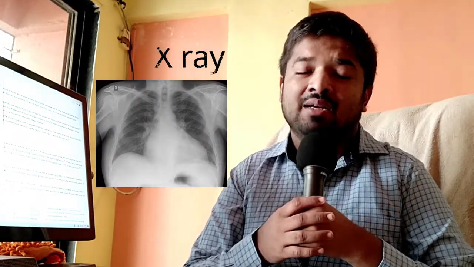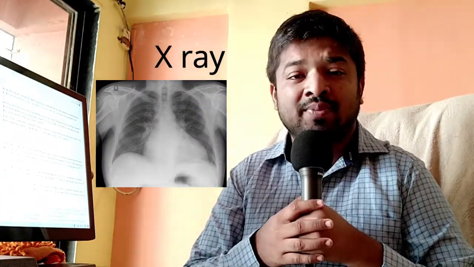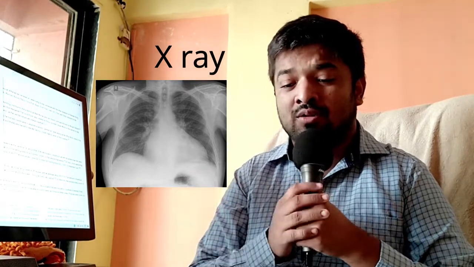Now one modality which I did not talk about is the radiograph, which is more commonly used for a number of things. When you go to your GP or your physician, most likely they write you a radiograph whenever you have some kind of complaint. What the radiograph will tell you is overview things.